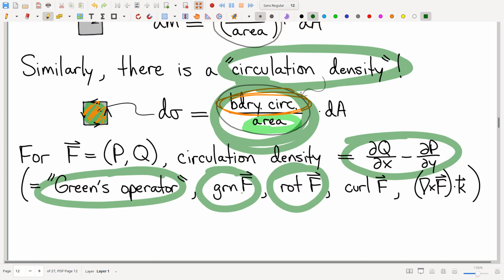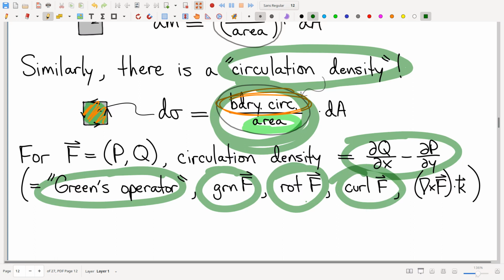Circulation is a way of measuring how much the vector field is following around a boundary curve that makes a circle, right? So the quantity in question is about how the fluid rotates. So rot is a reasonable choice that I like. Along those same lines, some people like to call this curl. That's fine. Not my preference.